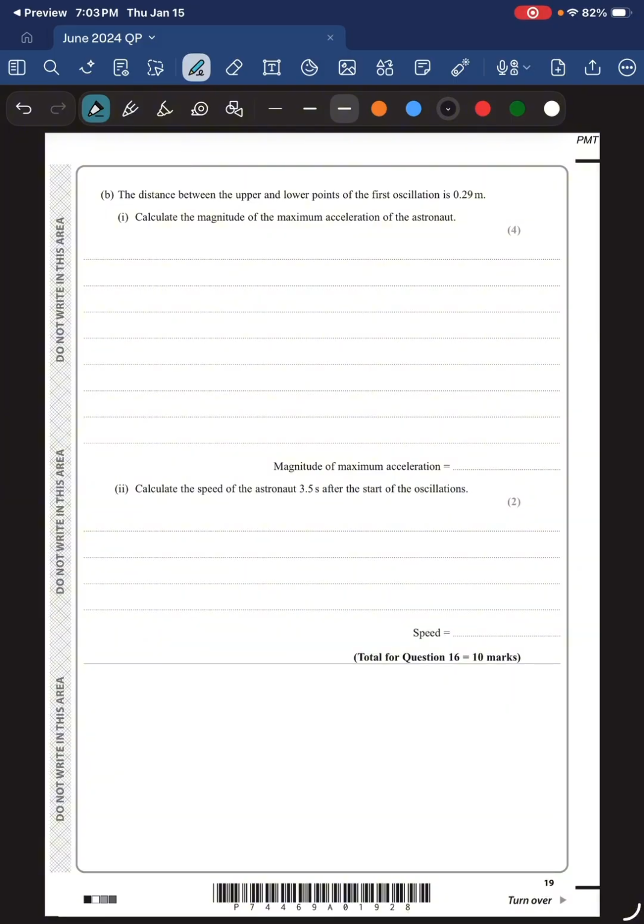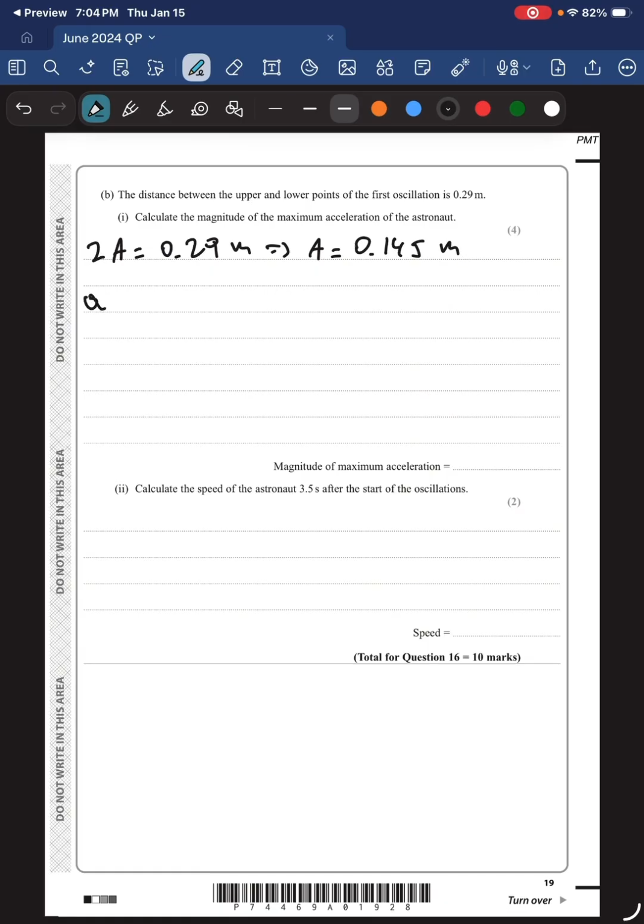Because in an oscillation, you have this situation, they give you the highest and lowest. So that's 2a. Okay, I hope this makes sense. Let me erase it. So 2a is 0.29 meters. Therefore, a is 0.145 meters.